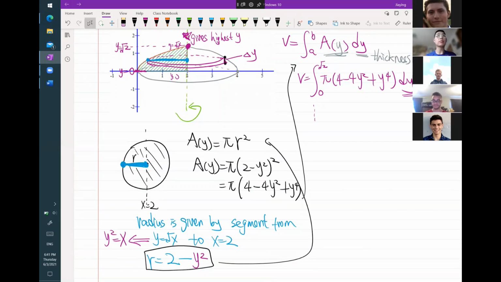So we don't need to know dy in the end? After we just integrate, that'll give us the final answer? Right, so when you integrate this, after you find the antiderivative, there's no dy anymore. The dy is already part of that antiderivative. This means you integrate with respect to y.